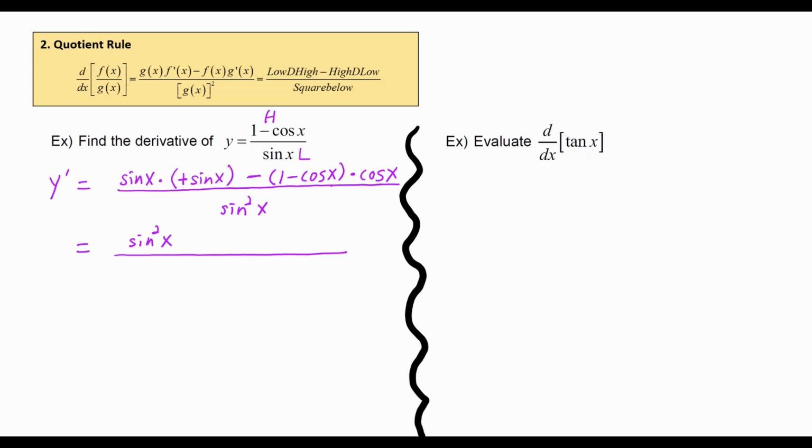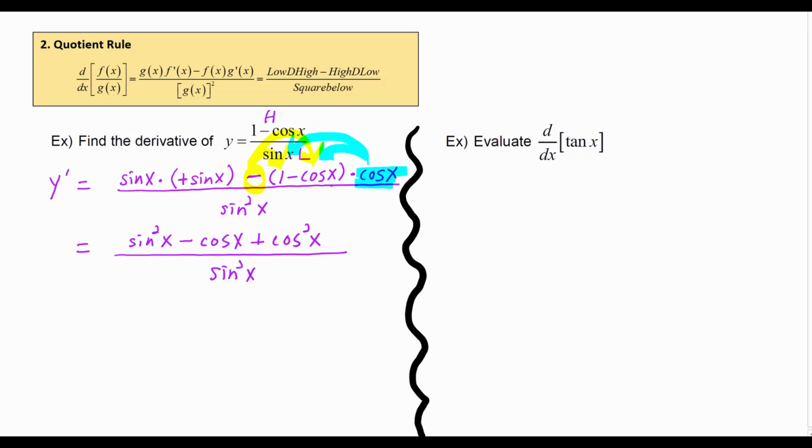I'm going to distribute this negative to here and here, but I'm also going to distribute the cosine x to here and there. So then you are gonna get minus 1 times cosine x is minus cosine x, minus minus cosine x times cosine x gives you plus cosine squared x over sine squared x.